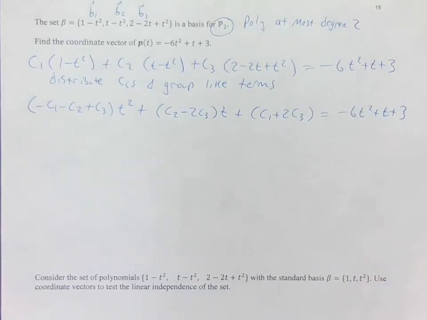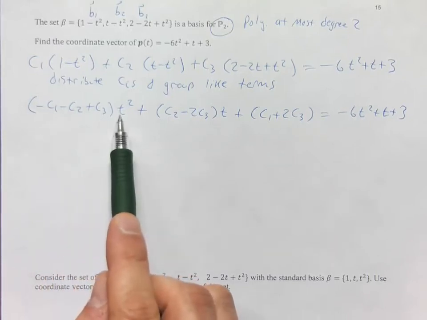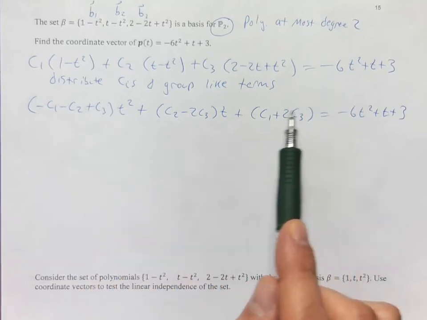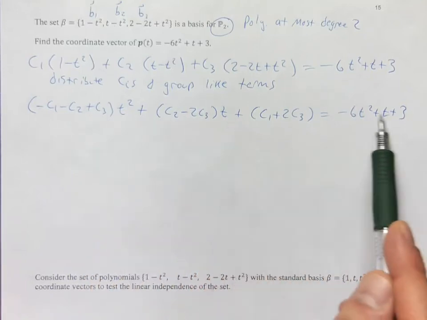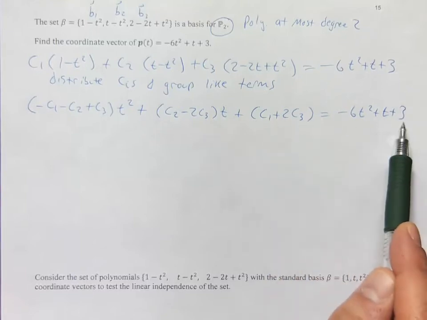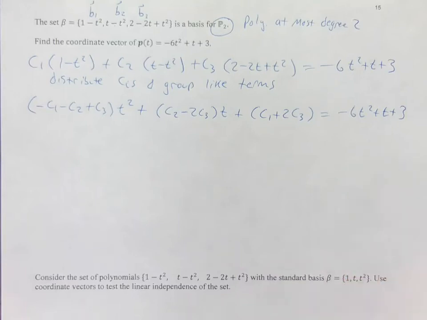And so this is a nice form because we can see this is the coefficient in front of the t squared. We want the coefficient in front of the t squared to be negative 6. This is the coefficient in front of t. We want the coefficient in front of t to be 1. This is the constant. We want the constant to be 3. And so we can set up a linear system using what we just found.